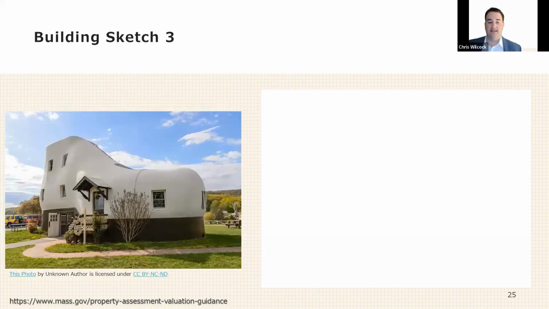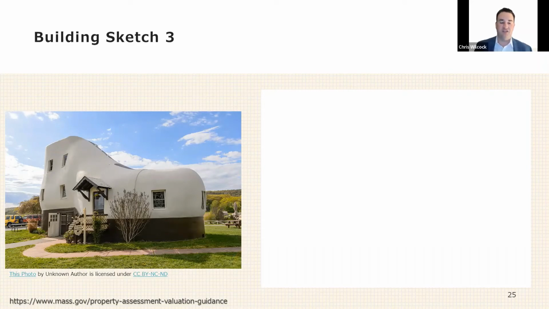And then the next house I wanted to put in here, I thought this was a funny thing. Do you have to sketch this? Yeah, you have to sketch it. Is it going to be easy? No, it's not. From time to time, assessors or inspectors will basically come up to properties like this.